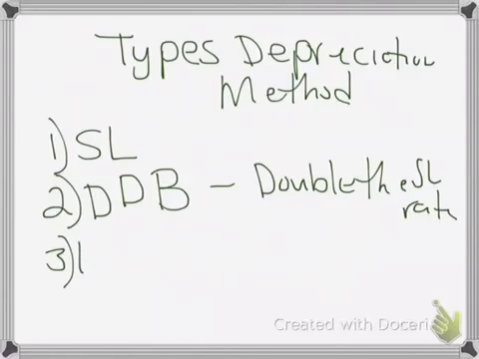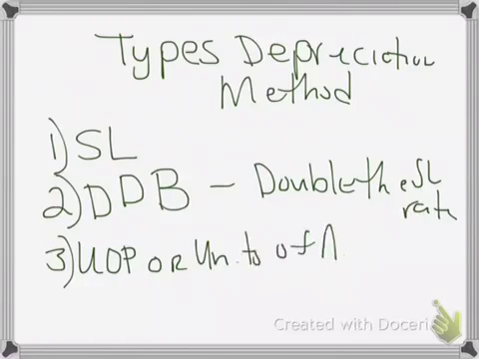And the last one is units of production, or it's also called units of activity, and those mean the exact same thing. So we have created another video that actually goes through all of these items.